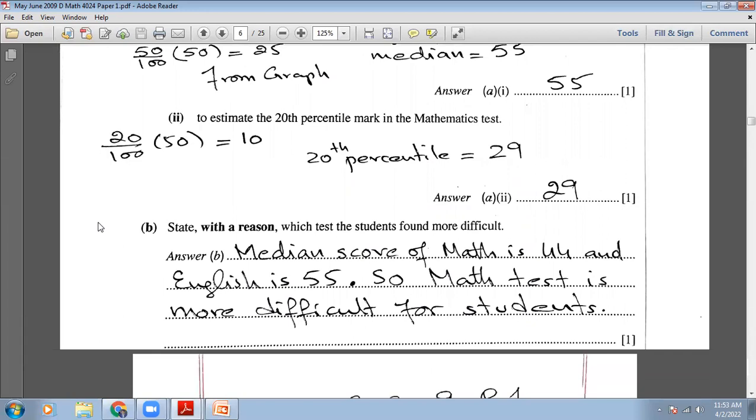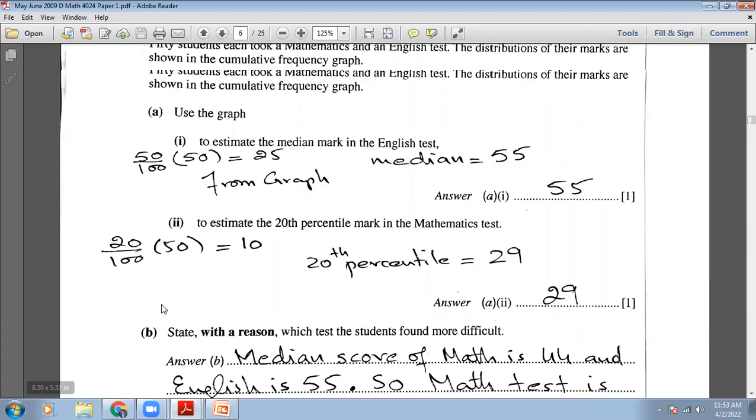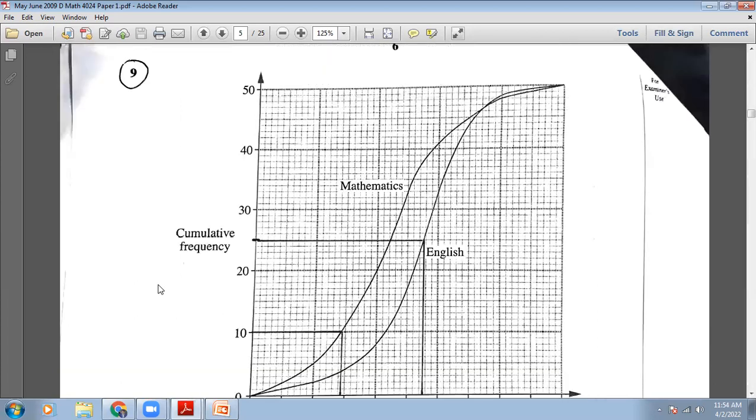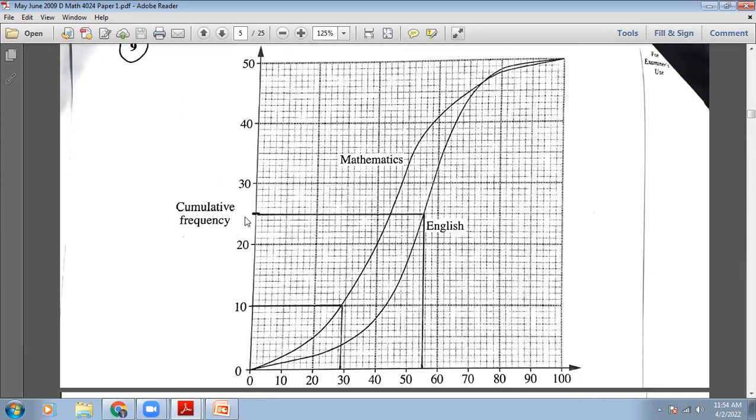Then the question is, state with a reason which test the students found more difficult. Whenever we compare them, we always compare by the median. Both of these have the same cumulative, so I will check the median for both. For mathematics, the median is something like 40. It's like 44, I think. Yeah, 44.